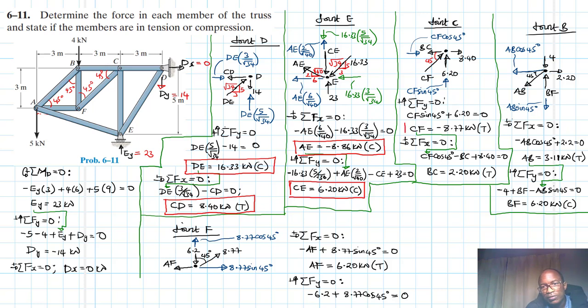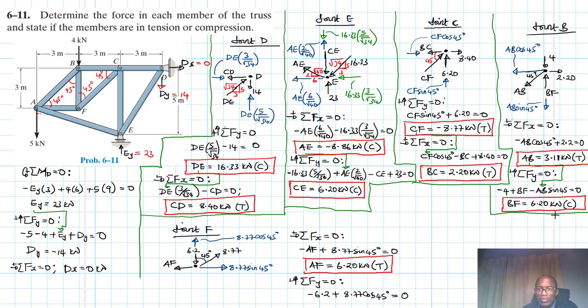We have CF, which is in tension. And we have BC, which is also in tension. We have AB, which is in tension. And we have BF, which is in compression. And then we have AF, which is in tension.